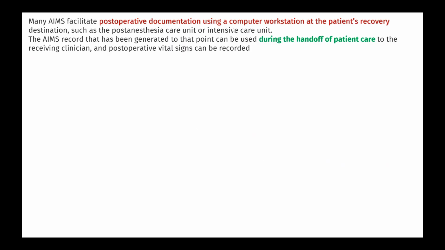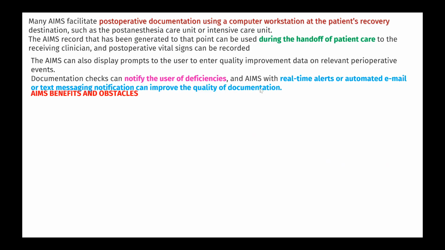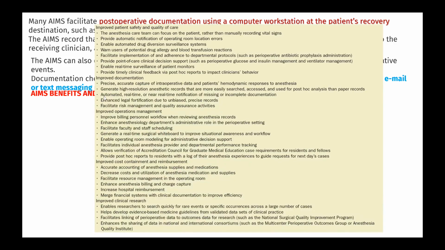And post-operative documentation using the computer workstation in the patient's recovery is also very important. The benefits of AIMS are very high. As I said, now it is going to go into each and every field. That will be helpful. This is too lengthy and can be cut short for your answers.